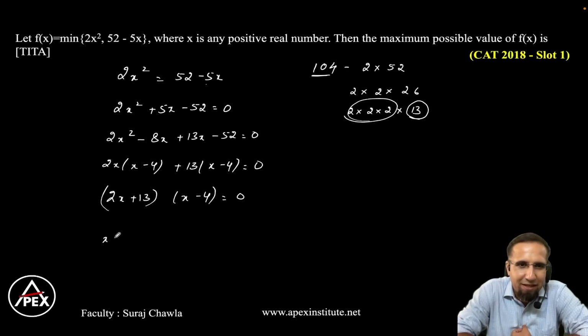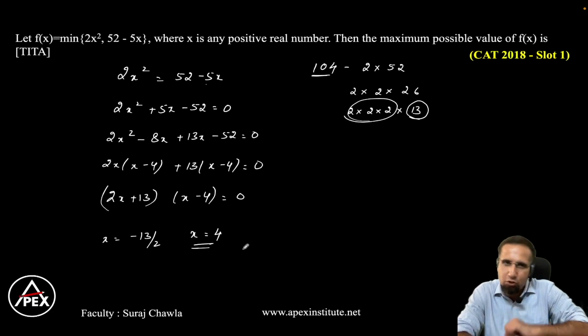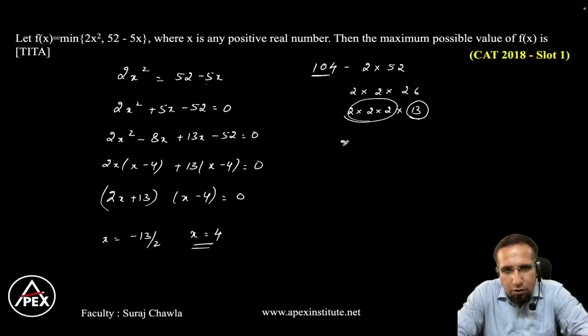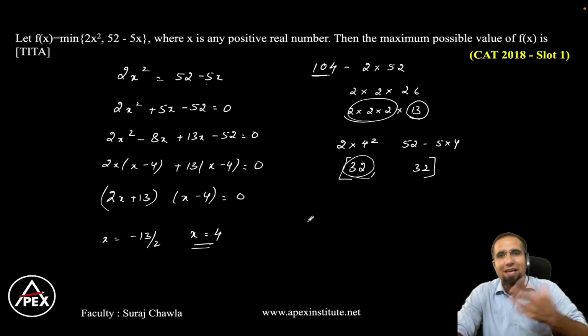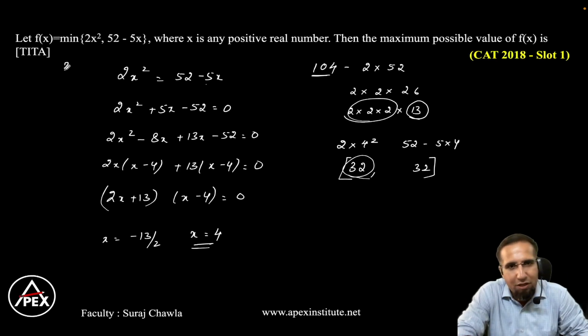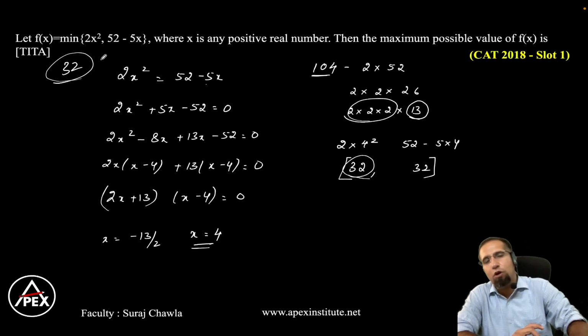That means either x is equal to minus 13 by 2 or x is equal to 4, but I am told that x is a positive real number. So my job is to replace 4 here. So this becomes 2 into 4 square, that is 32, comma 52 minus 5 into 4, which is again going to give me 32, and therefore the maximum possible value of f of x is going to be 32 at x is equal to 4.